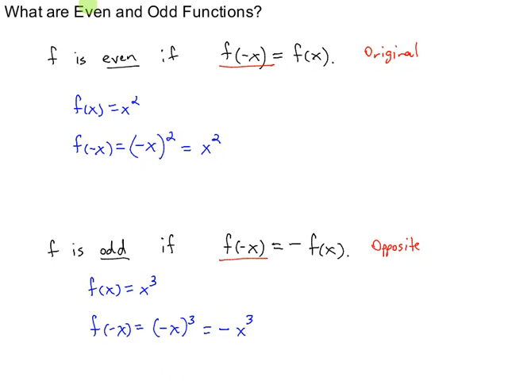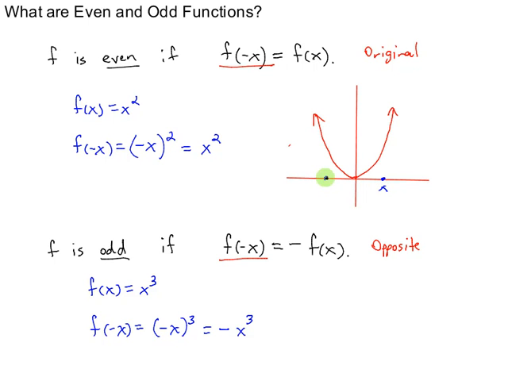Okay? Another important property to look at with even and odd functions are their graphs. So let's take the first one here, f of x equals x squared, which we know is a parabola. Looks something like this. Okay? Parabola, vertex at the origin. If you plug in x, here's x.